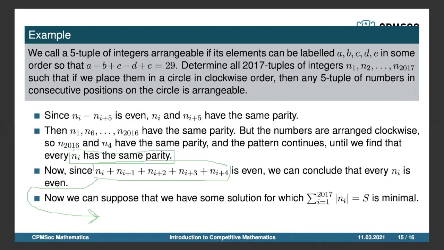So we can do a mini contradiction proof within a contradiction proof. If you assume that all the ni's are odd, then we're adding 5 odd numbers, which will still give us an odd number, but we know that the sum of these 5 numbers has to be even. So we get a mini contradiction. So what it turns out is that every number ni has to be even.